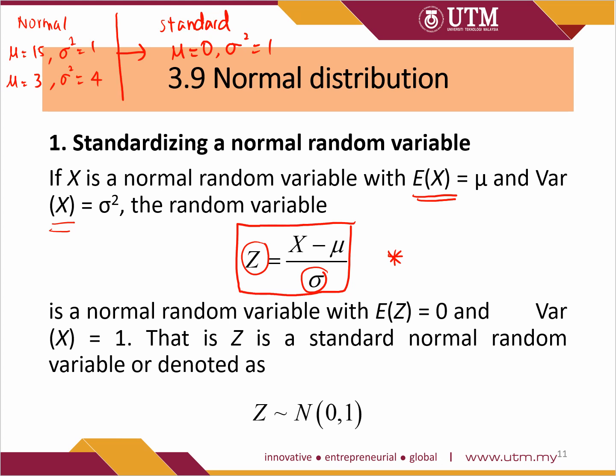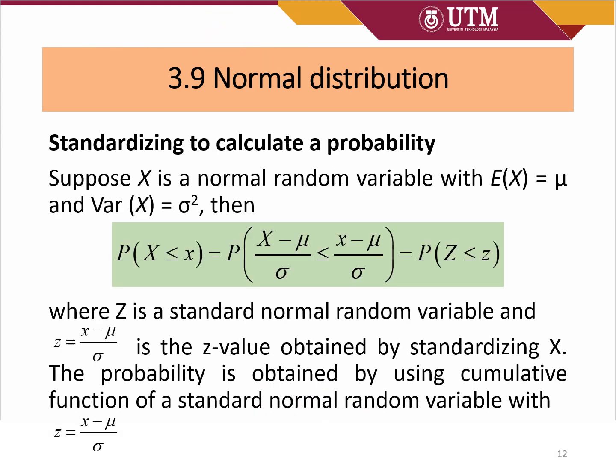So a standard normal random variable can be denoted as Z follows normal, with mean 0 and variance equals 1. Now, to calculate a probability from the standard normal distribution, let's say you need to find the probability of x less than or equal to some value.